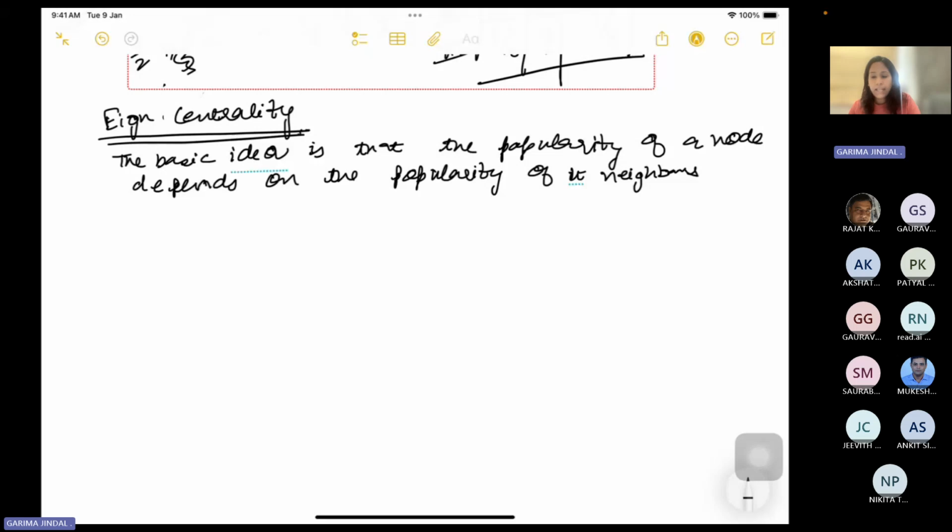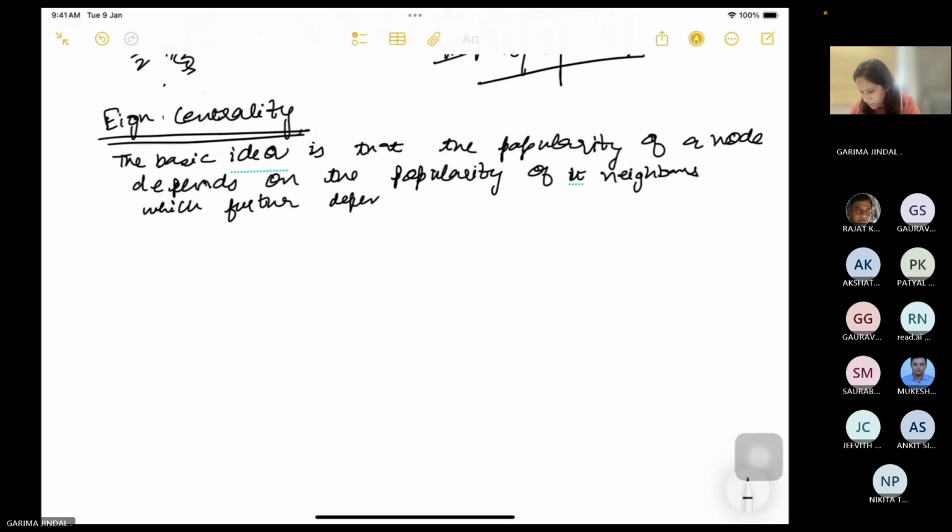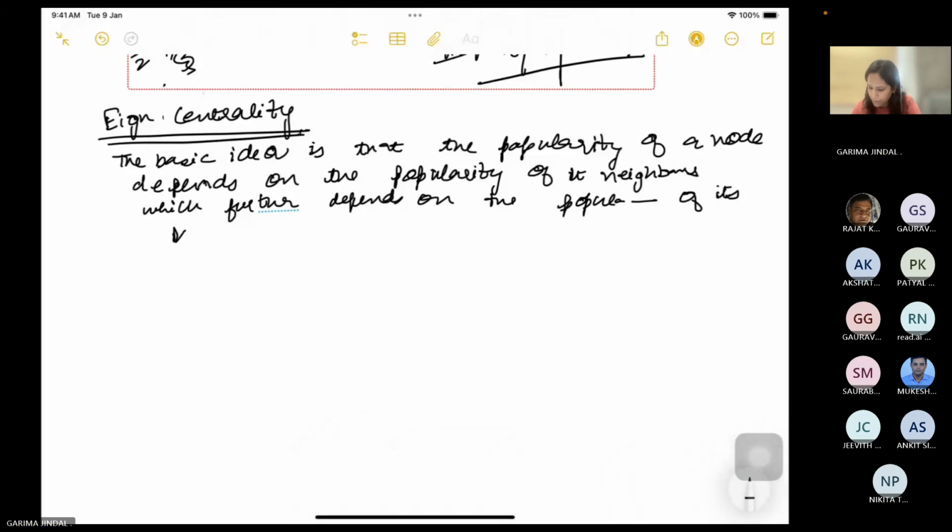The basic idea is that the popularity of a node depends on the popularity of its neighbors, which further depends on the popularity of its neighbors, and so on.